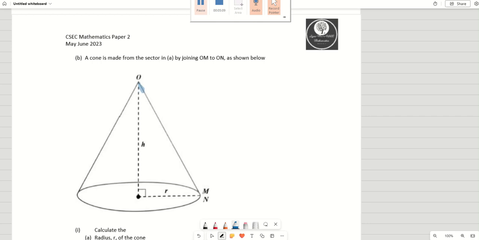This is the part that they join up, the two blue parts, and this circle would have been the sector that we had, that is the pink part here.